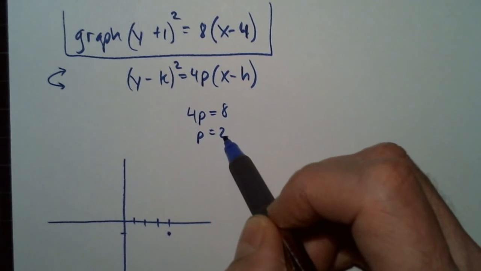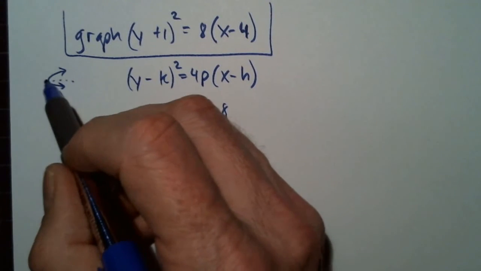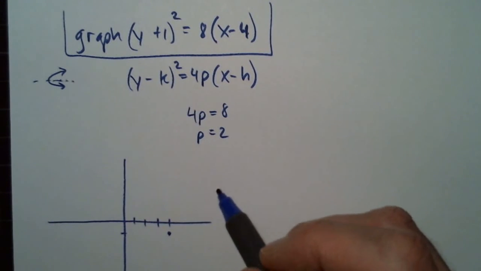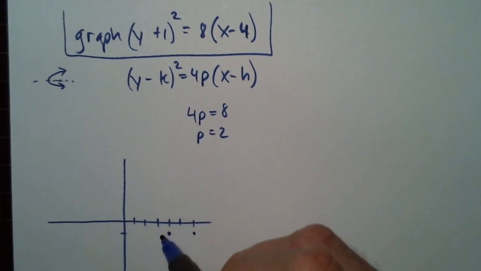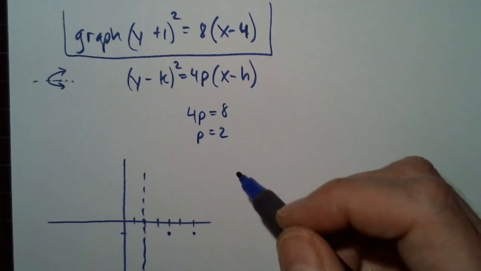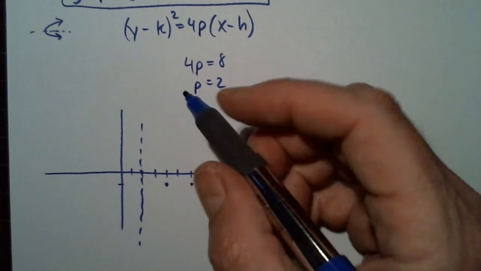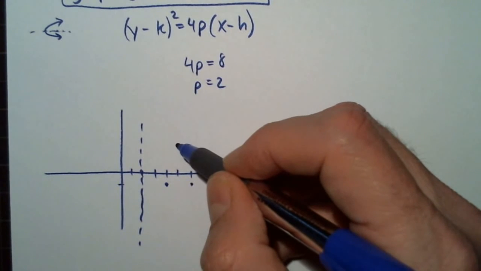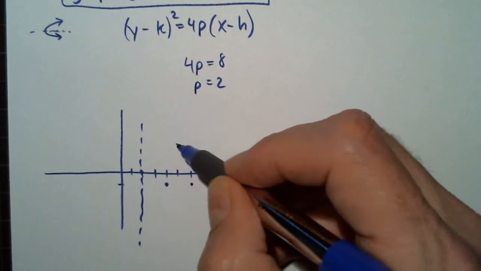Since p is 2 and the focus is on a horizontal line, we're going to move 2 to the right for the focus and 2 to the left for the directrix. Then we pick a point that looks to be equidistant from the focus and the directrix.